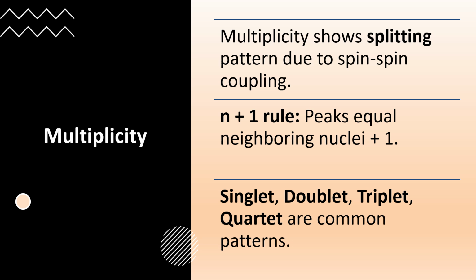For example, a proton with one neighboring proton will produce a doublet, while a proton with two neighboring protons might produce a triplet, and so on. The resulting multiplicity, whether it's a doublet, triplet, quartet, etc., helps identify the molecule's structure and connectivity by revealing how atoms are connected to each other.